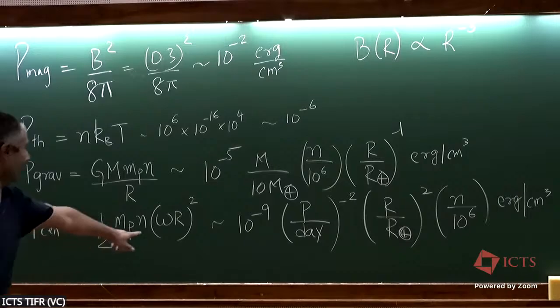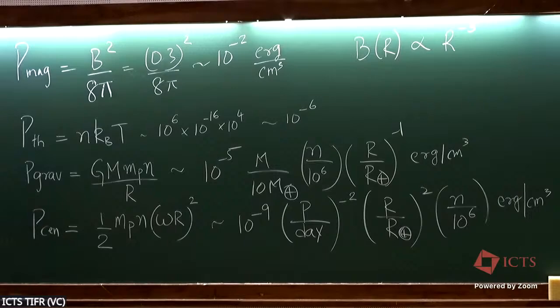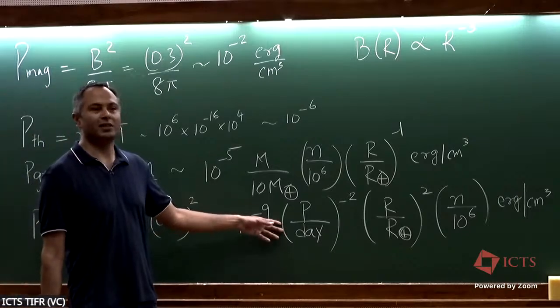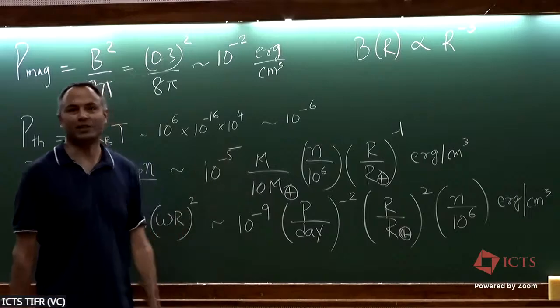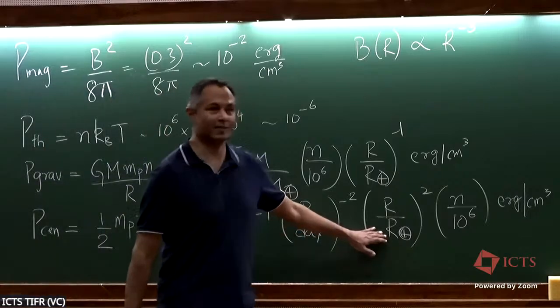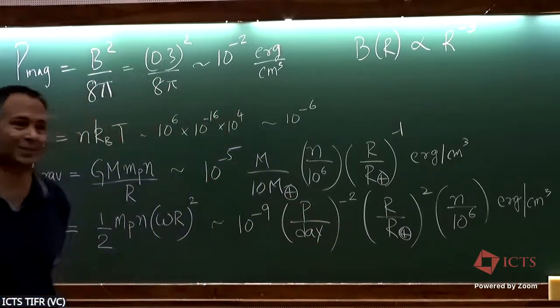Oh, it comes from omega. Omega is 2 pi by P. If it is for the Earth, this value would be 1 day. Exactly. So here, if I put 10 Earth radii, it's going as r square, so it's increasing very rapidly.